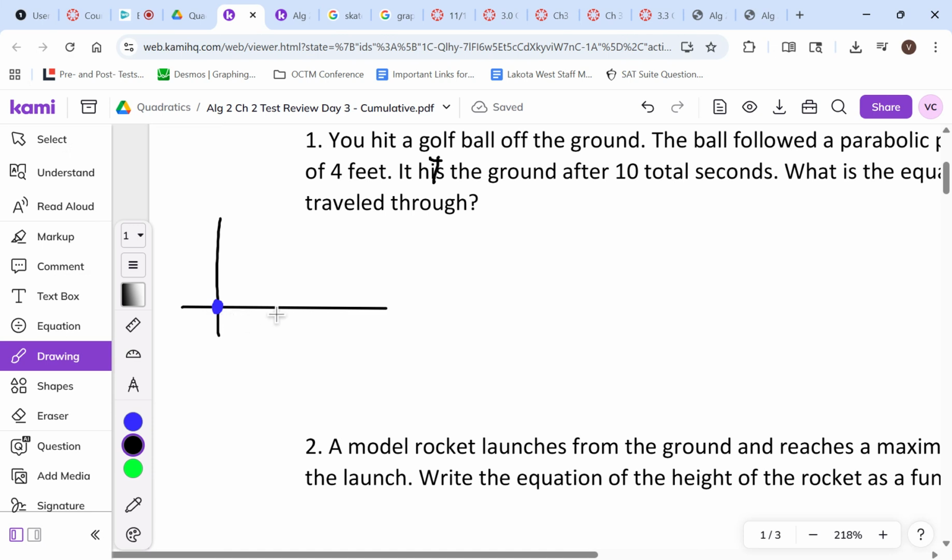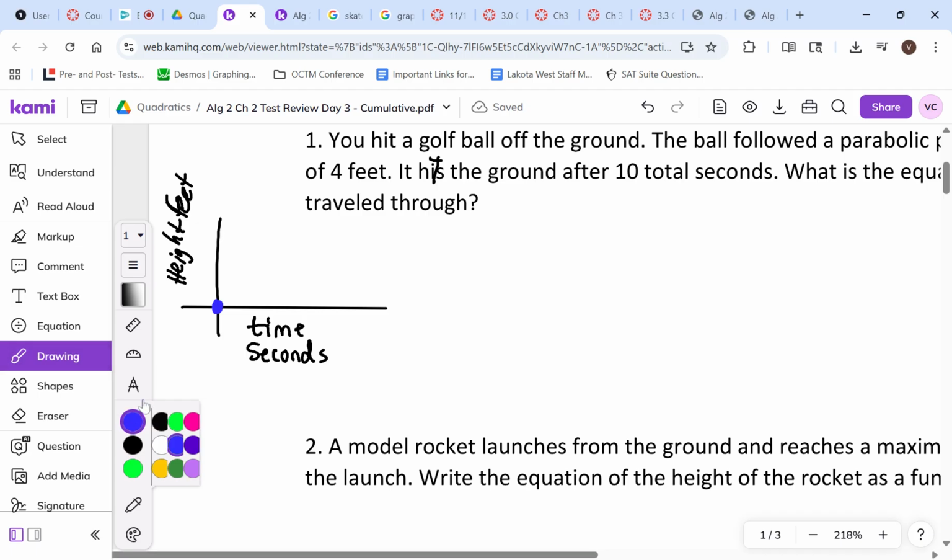And let's see, the numbers that we're going to put along the x-axis is going to be time. And it talks about it being in seconds in the word problem up there. And then the height in feet for the y-axis.